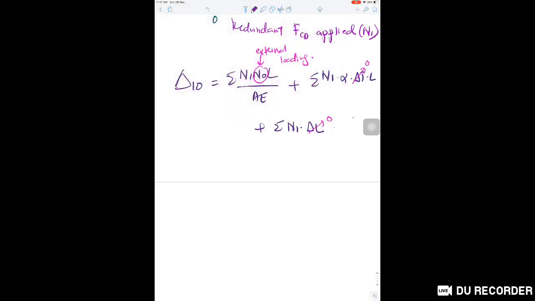For redundant truss, this is just as usual, N1 square L over AE. Okay, we need to consider the effect of temperature as well as fabrication error in primary system.